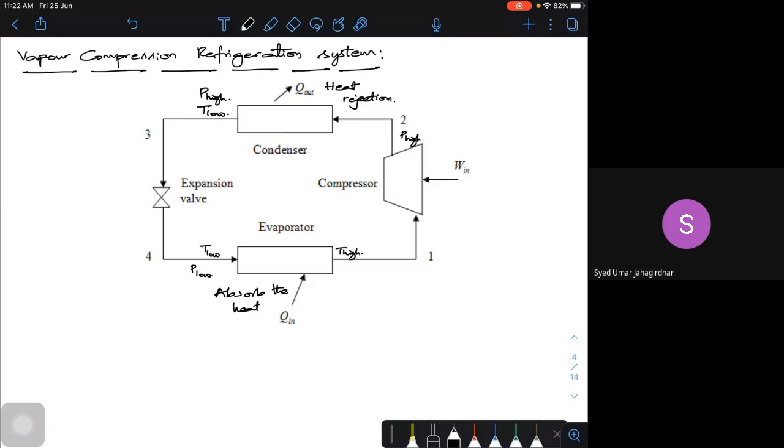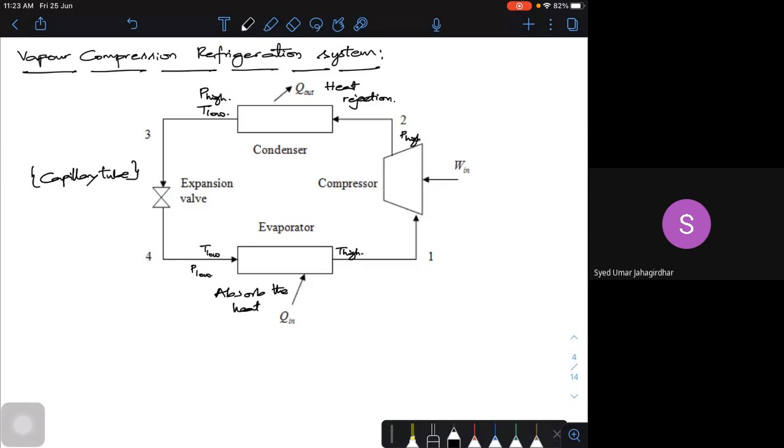Nowadays we use an expansion valve, but in some refrigerators of the 1980s and 90s, we used a capillary tube as the expansion device in place of the expansion valve.